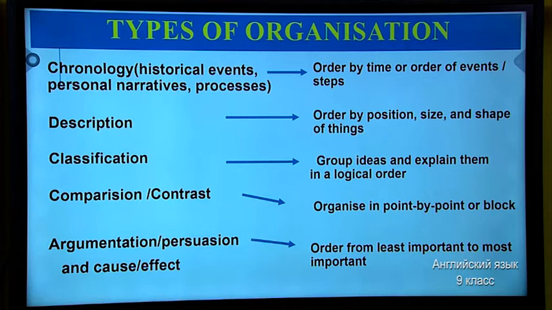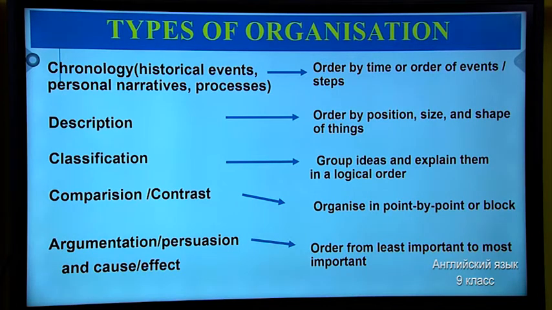Classification, group ideas and explain them in a logical order. And the next one, comparison, contrast. Organize in point by point or block. Argumentation, persuasion and cause and effect. It means you should order from least important to most important one.